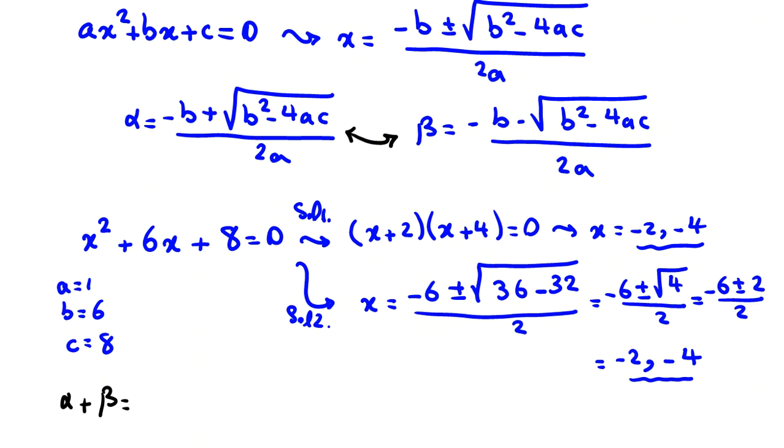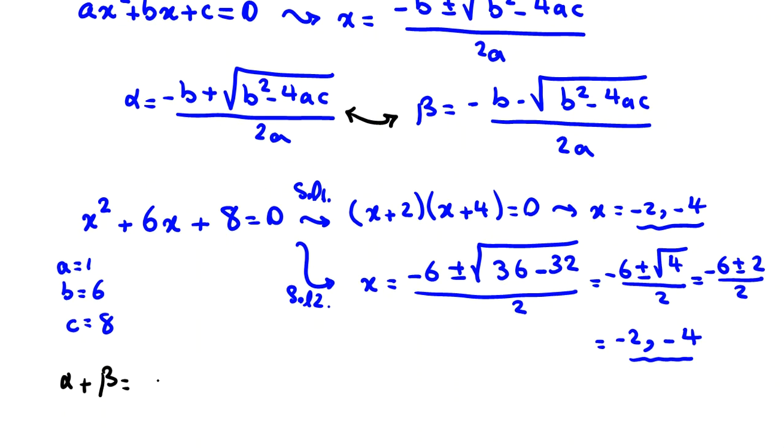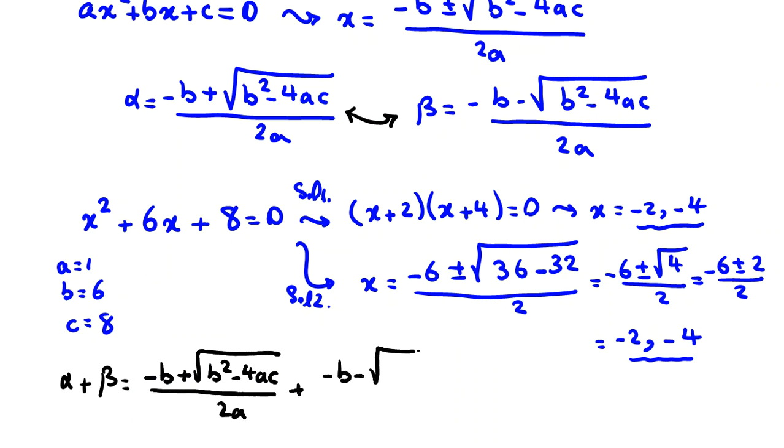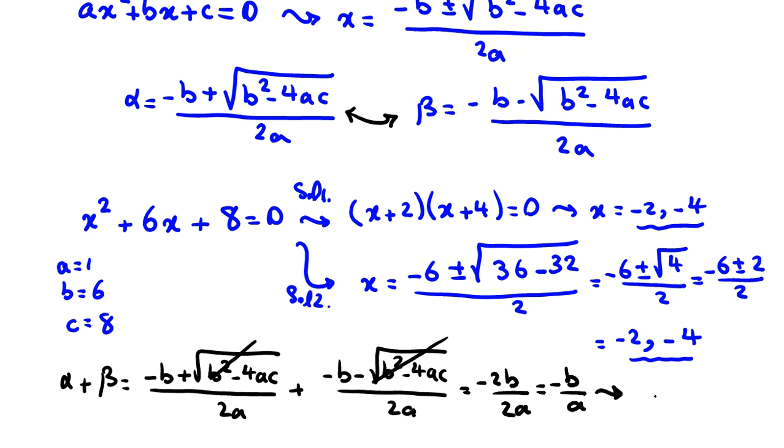So it will be negative b plus root b squared minus 4ac all over 2a, plus negative b minus root b squared minus 4ac over 2a. The denominators are equal, so you can cancel: negative 2b over 2a, negative b over a. That's very important and you should memorize it. The sum of the roots equals negative b over a. That's the first thing we've reached.